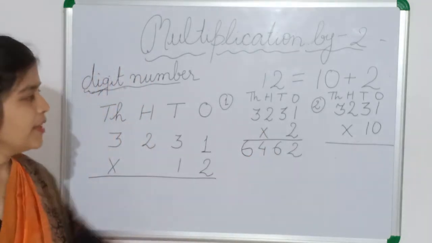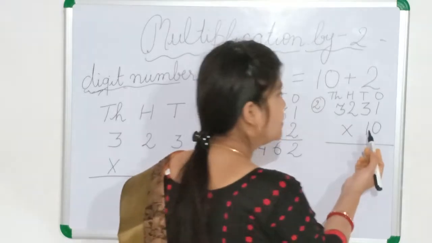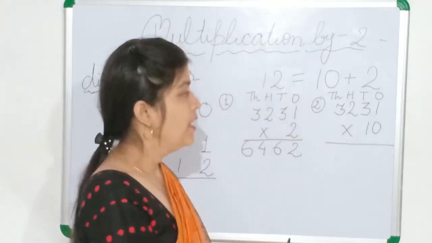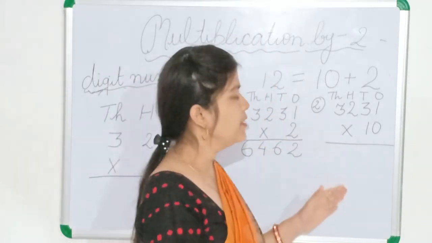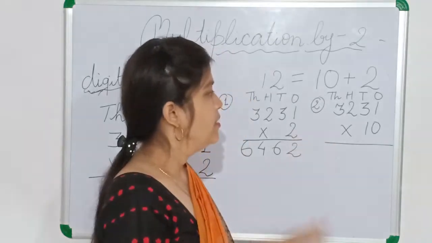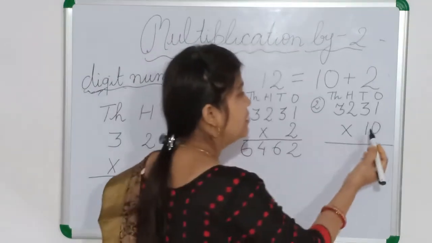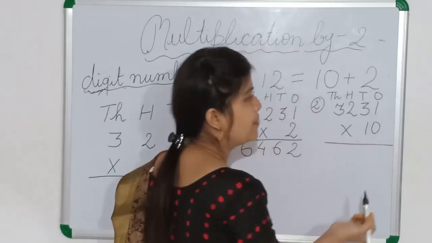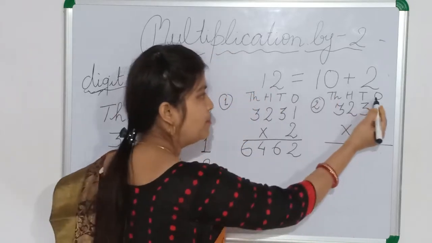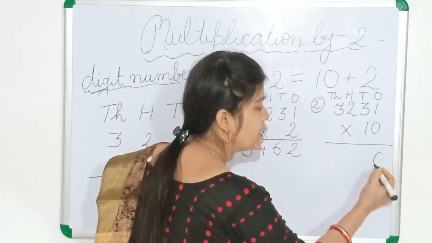Okay. Now here I will multiply the number by 10. And whenever I am multiplying by a number which has 0 in the ones place, I can simply put 0 in the ones place. Okay, nothing else I have to do.